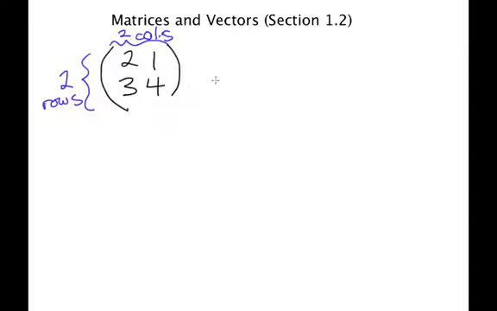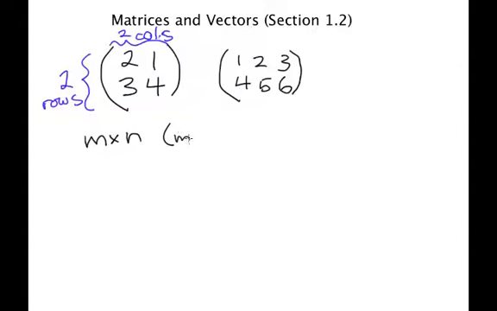And for example, I'll write down a 2 by 3 matrix, for example, would be something like 1, 2, 3, 4, 5, 6. And matrices can come in any size, any m rows by n columns, m rows and n columns.